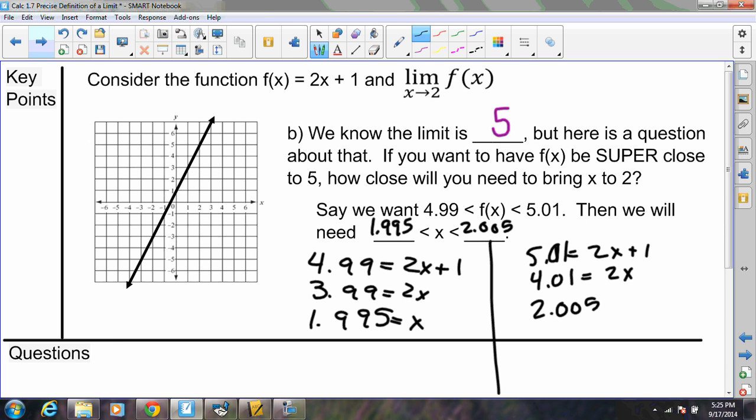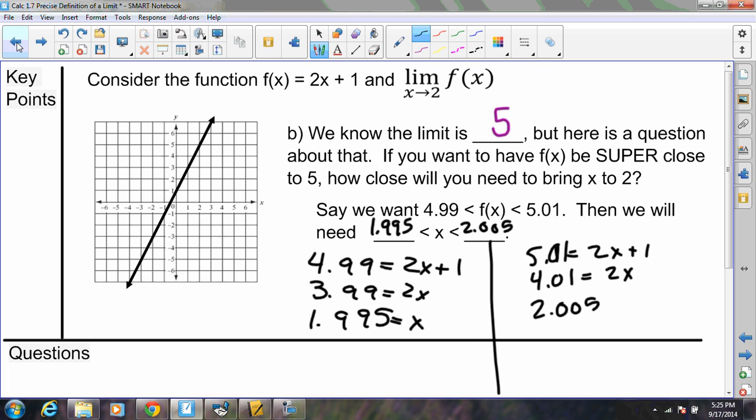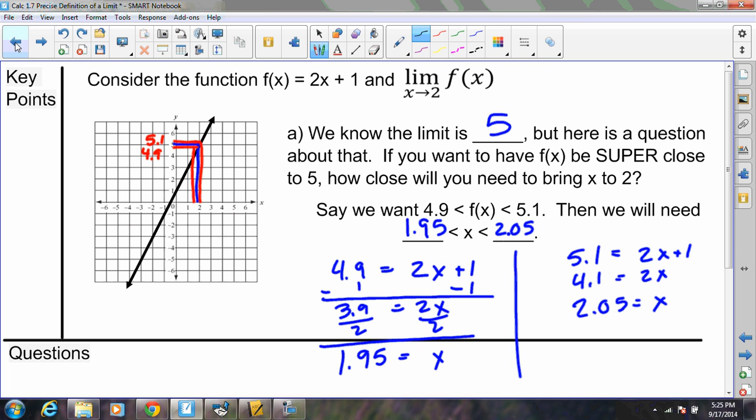Let's go even closer still. Instead of 4.99, how about 4.999? Get even closer. Well, what are the x values going to wind up being? You may have noticed a pattern developing. When we had a single 9, there was a single 9.